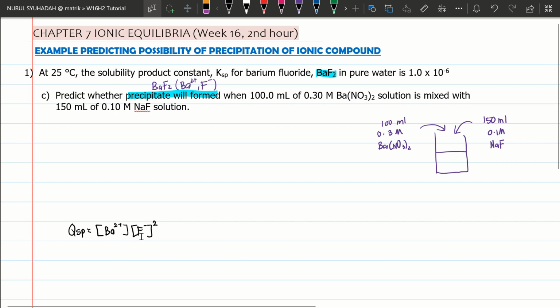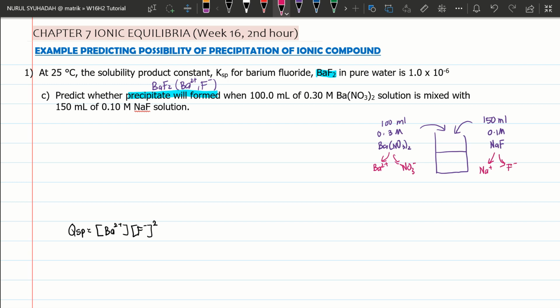Mana nak dapat? Okay. Sedangkan kita tambah, tak ada pun BaF2 dekat sini. So, you need to understand when we mix these two salt together, okay, garam akan dissociate completely. So, this one, ion apa yang kita ada? Kita akan ada Ba2+ and also NO3-. Okay, NaF, kita akan dapat Na+ dan F-.